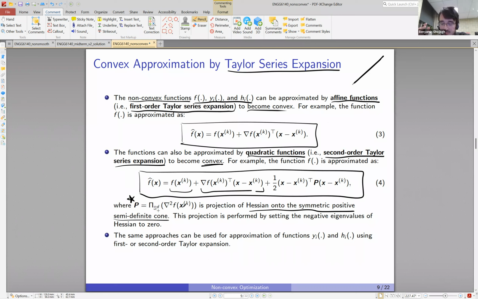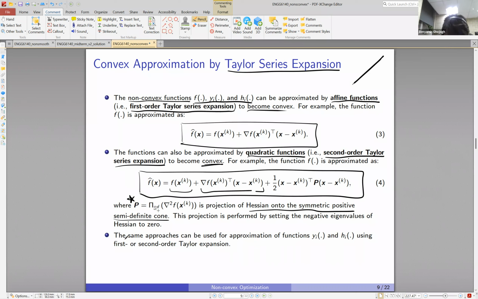So we take the maximum of each eigenvalue and 0. If the eigenvalue is negative, we make it 0. If it's 0 or positive, we keep it. Then we reconstruct the matrix from the eigenvalue decomposition. This is the projection onto the positive semi-definite cone.